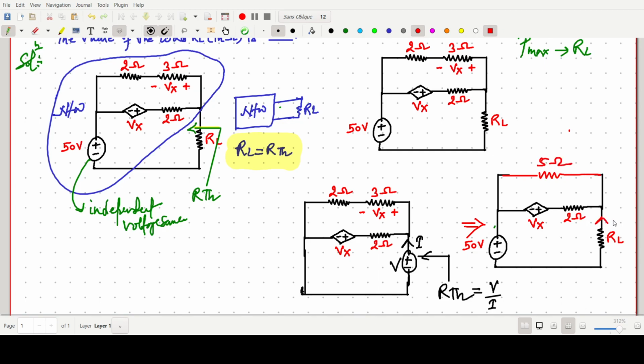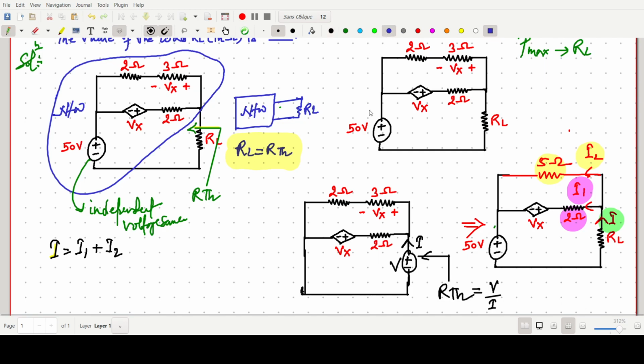This current is I, this current is I1, and this current is I2. In the upper branch, I2 is flowing, in this resistance I1 is there, and this one is the I current. So the value of I will be I1 plus I2.